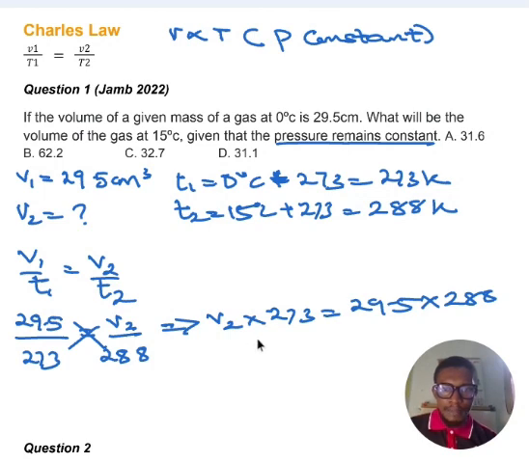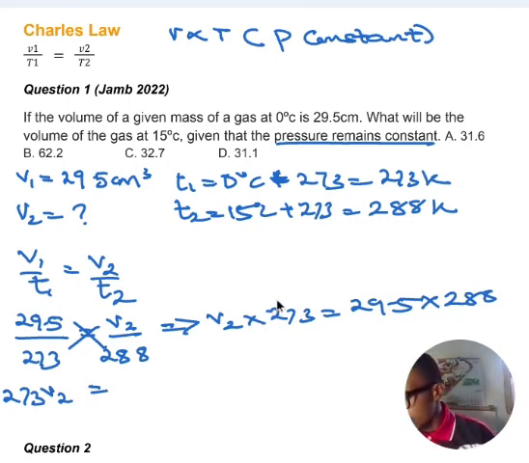So 273 V2 is equal to 29.5 times 288. Let's use the calculator. That will give us 8,496.